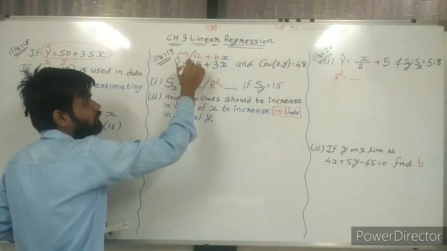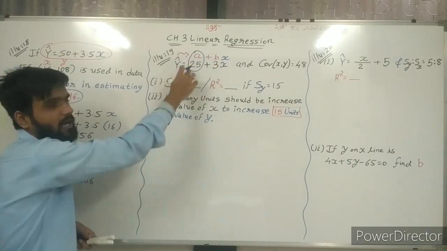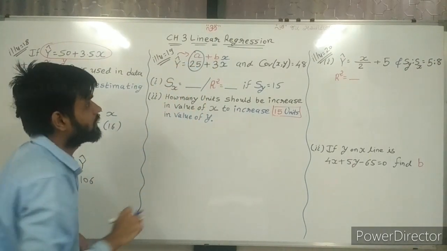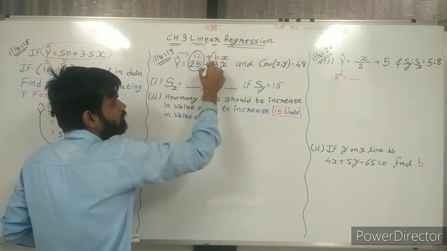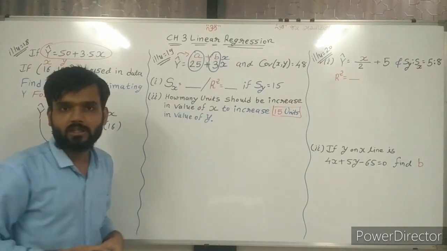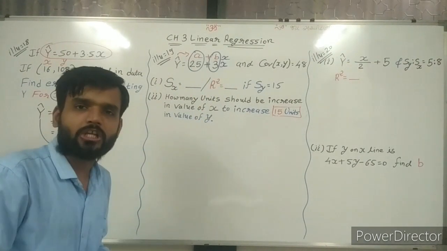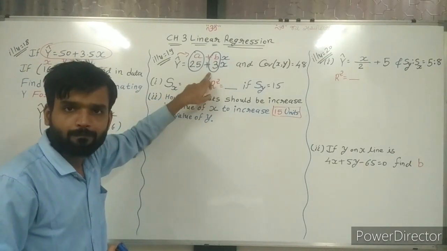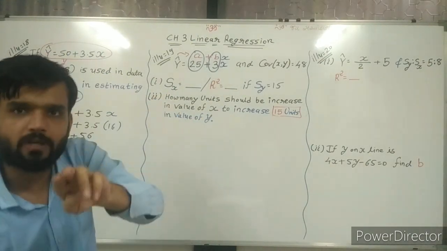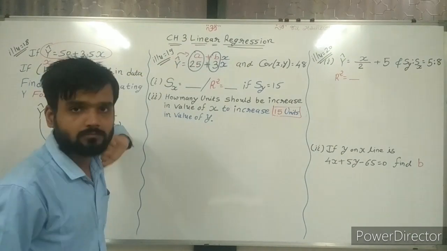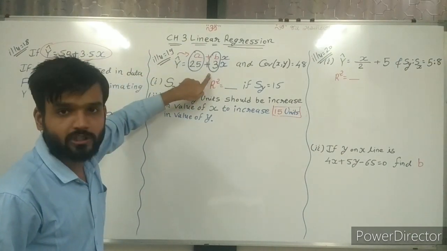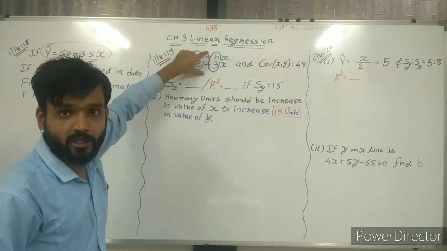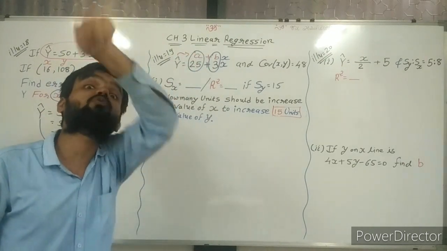A is equal to, sir, 25. B is equal to, sir, 3. Whatever coefficient is given with x is called b. So b is equal to 3 because the signs are same. If signs are different, then b is equal to negative.